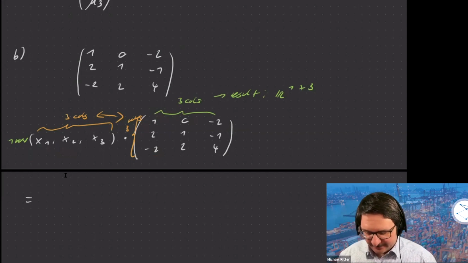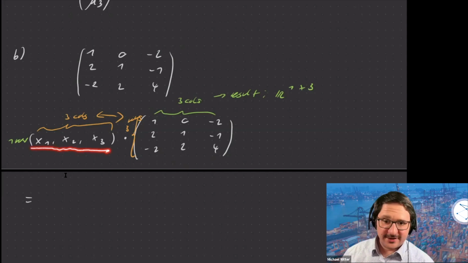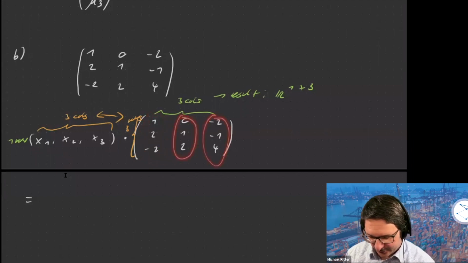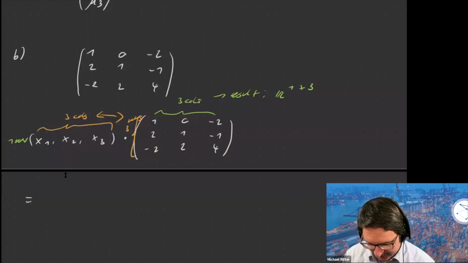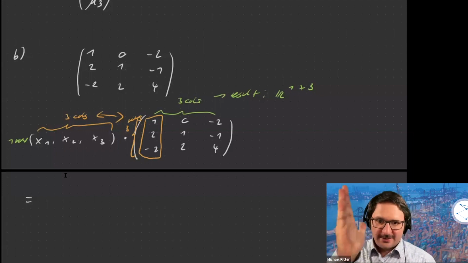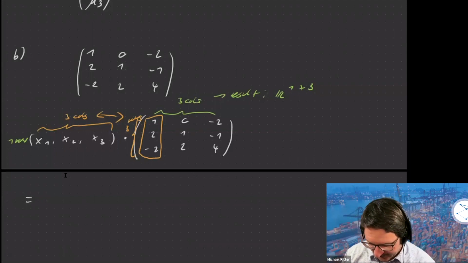So in other words, the result is 1 row, and that will always be a result of multiplying this 1 row here with one of the columns, and each column of the result will be governed by one of those columns. So let's again color those. Let's say the first one is orange here. So left row times this orange column, that will be 1 times x1 plus 2 times x2 plus minus 2 times x3.